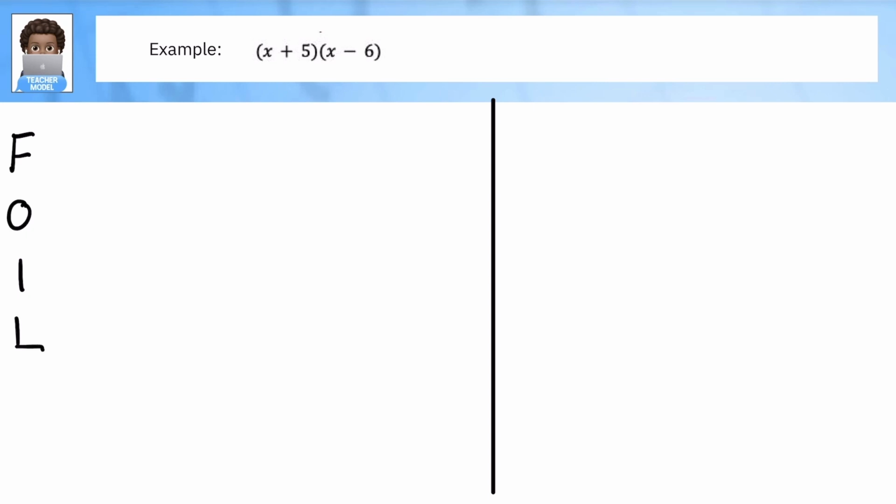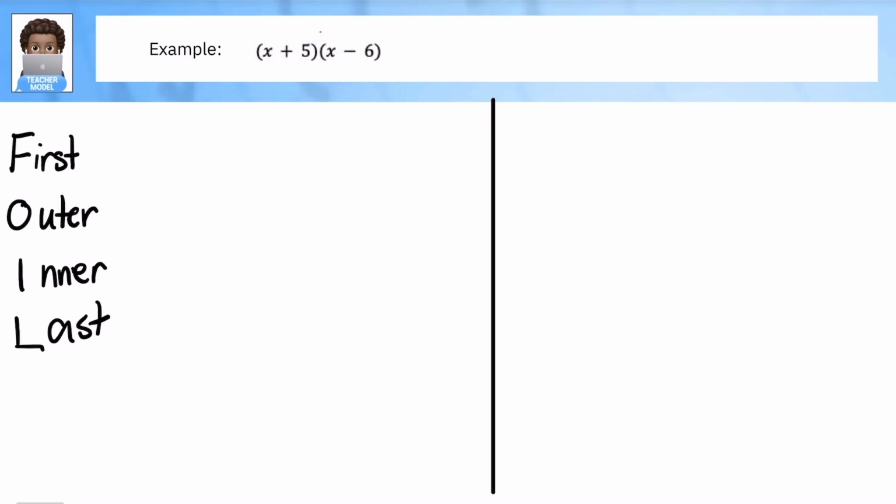And FOIL is just a way of remembering what terms you're going to multiply together. So it stands for the first terms, the outer terms, the inner terms, and the last terms. That's what it means. So looking at our example over here, what are our first terms? We have an x and we have another x.